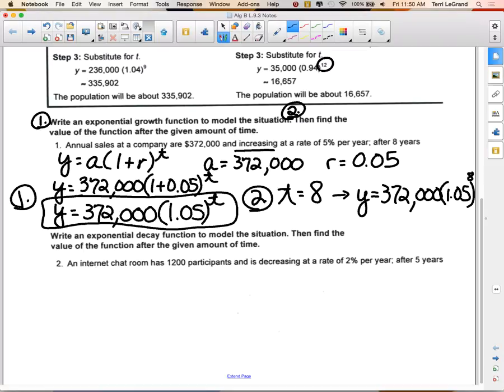Now we can use our calculators. We're going to figure out what y equals, rounded to the nearest dollar and cents because this is money. So to the nearest penny, to the nearest hundredth.